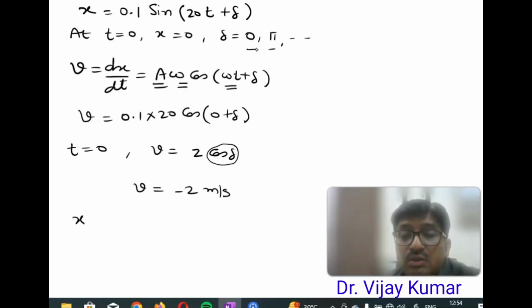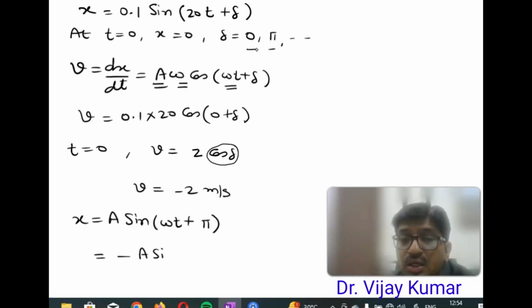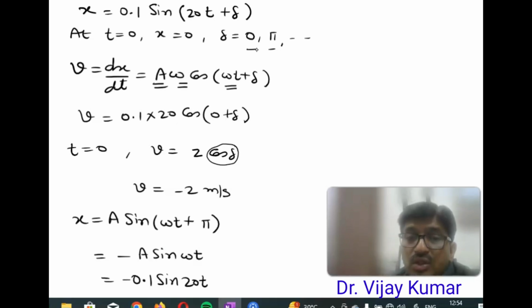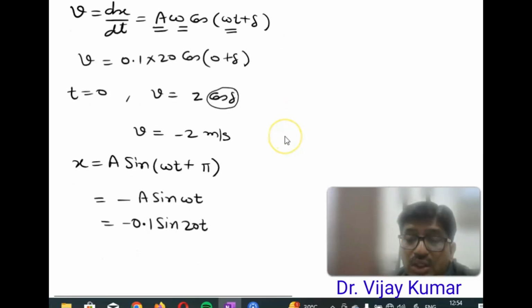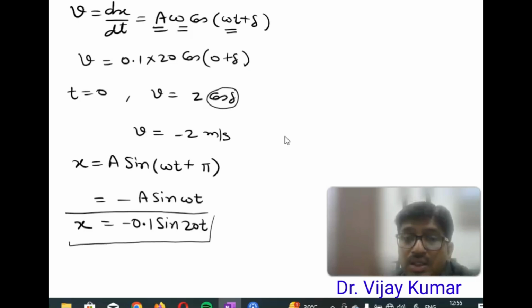So x equal to A sine omega t plus pi if delta is pi, and we can write this as minus A sine omega t, and A is 0.1, omega is 20. So for delta equal to pi, x equal to minus 0.1 sine 20t.